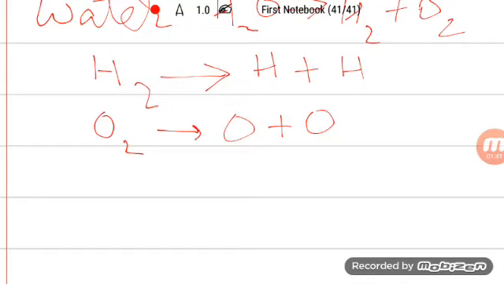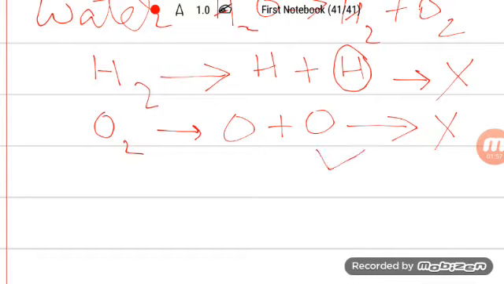But now the hydrogen cannot be broken down further, and the oxygen cannot be broken down further. It means that oxygen is an element, and hydrogen in itself is an element.